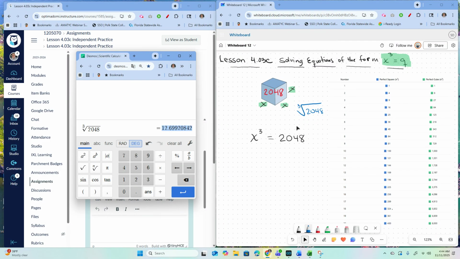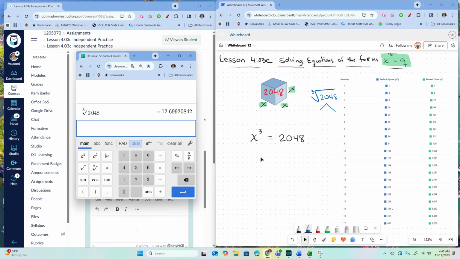When you get this long decimal, this number is not a perfect cube. So basically, what I'm going to do is a tree. Every time you get these long decimals, we're going to do the tree of the number inside of the cubic root symbol.